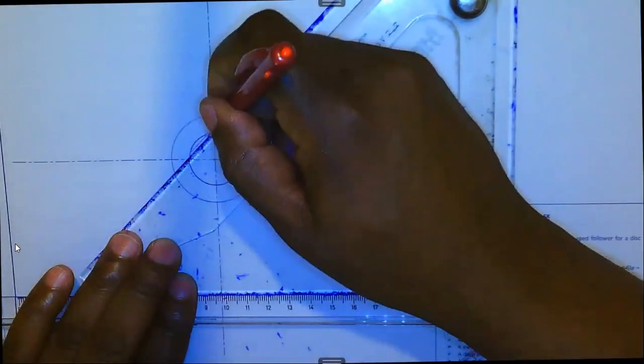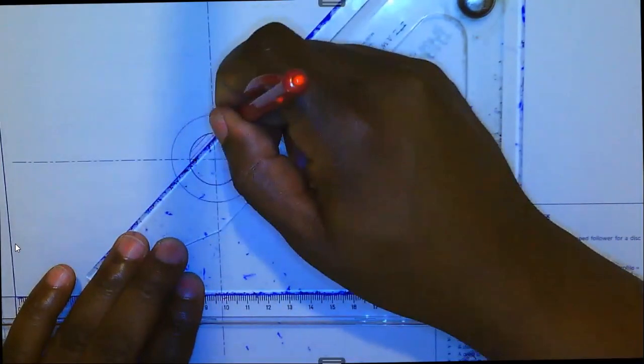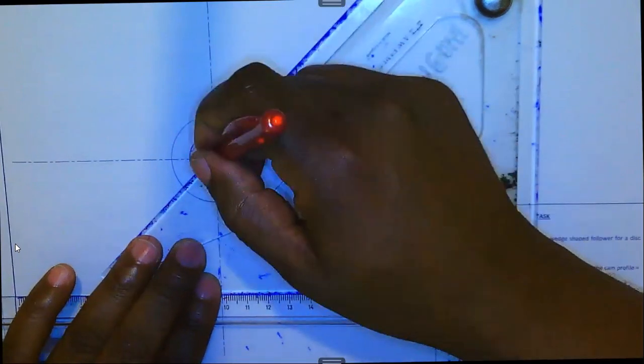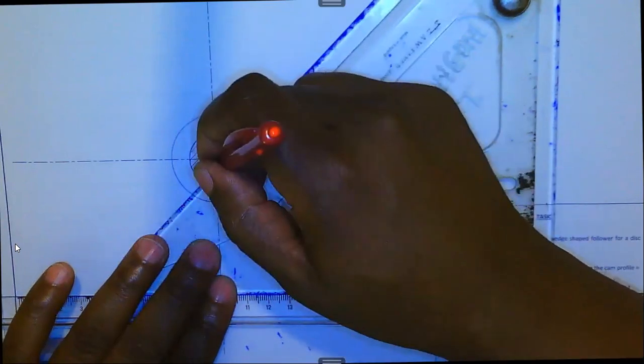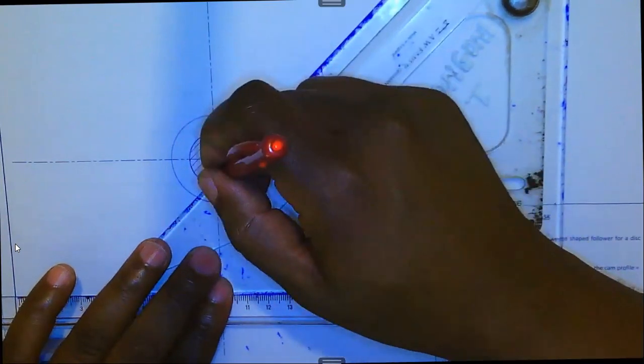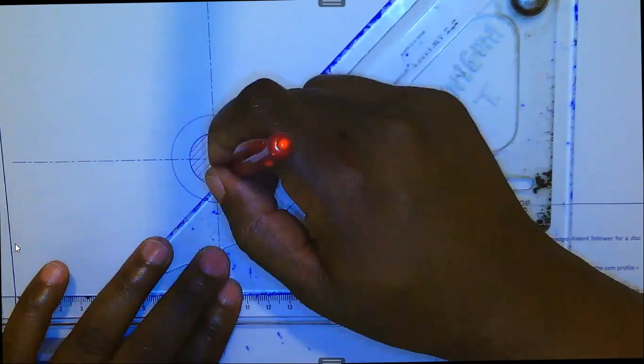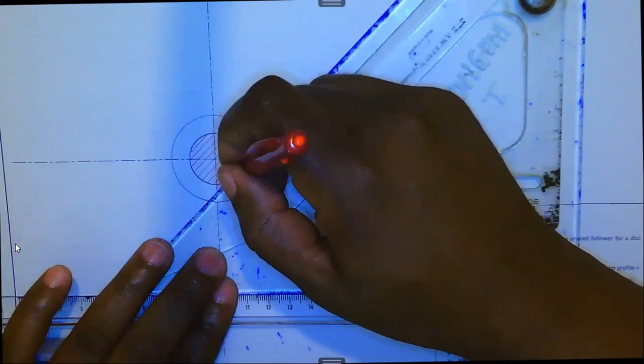So I'm going to outline and hatch this part. So that is the camshaft, which is now in position.